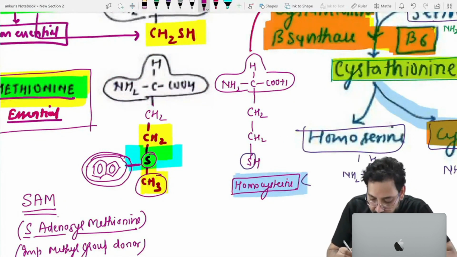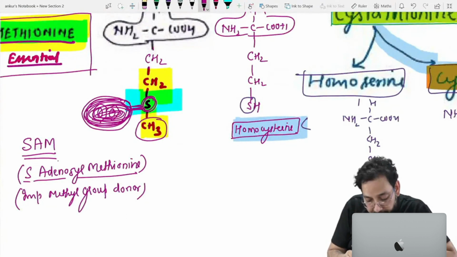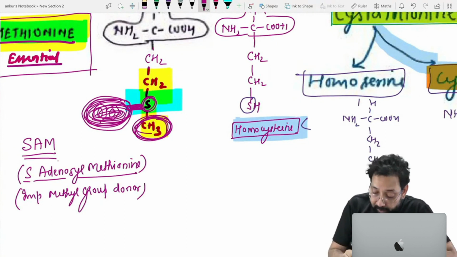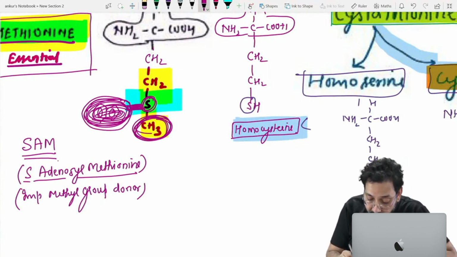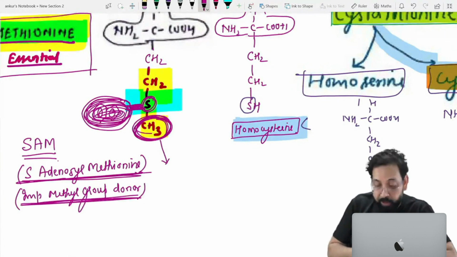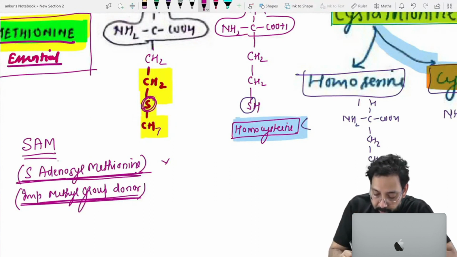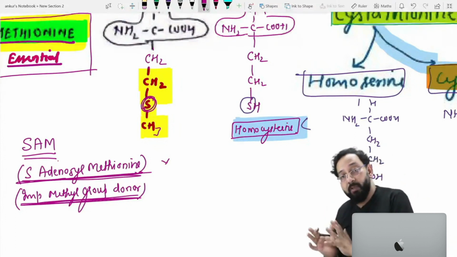In this methionine, this sulfur interacts with the adenosyl group. When it interacts, this methyl becomes unstable. That is S-adenosyl methionine. This methyl becomes unstable, and it can give this methyl group. That's why S-adenosyl methionine is an important methyl group donor. Even if you don't remember this structure, I am comfortable, you are comfortable. I just told you that this is the concept.